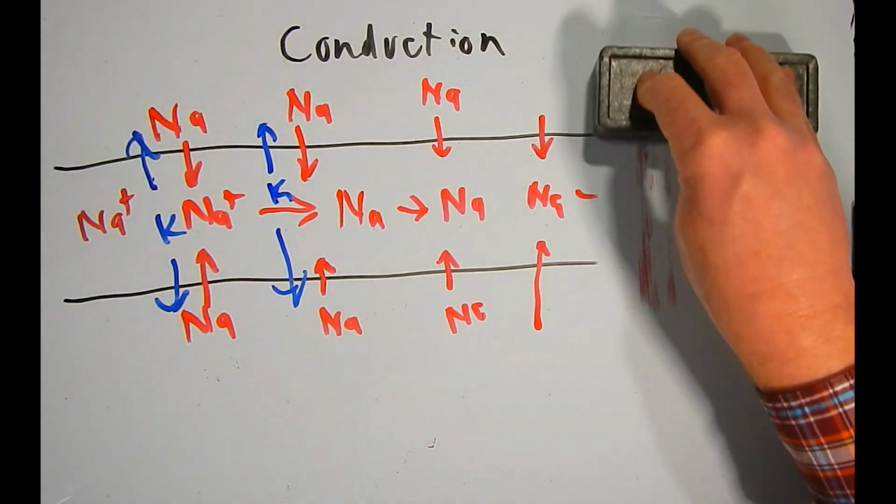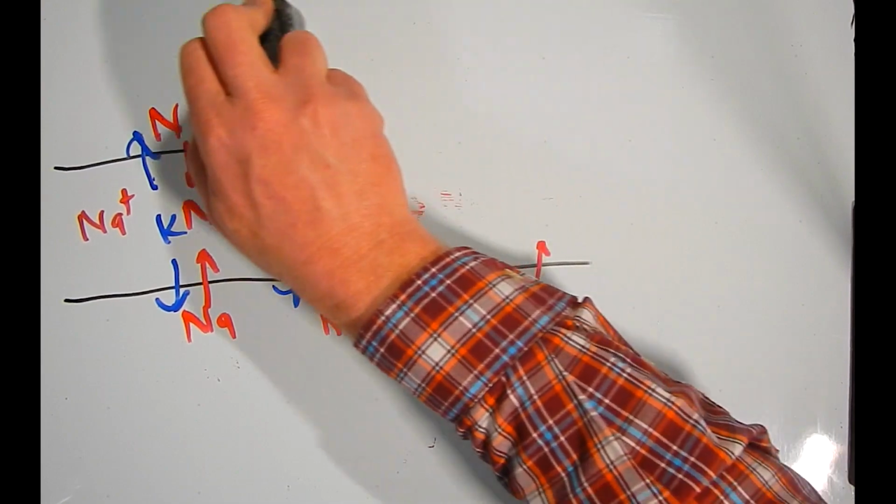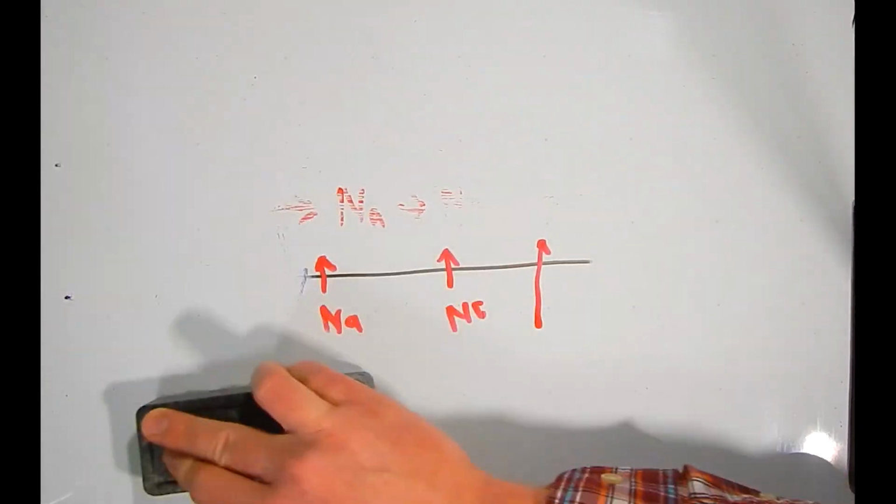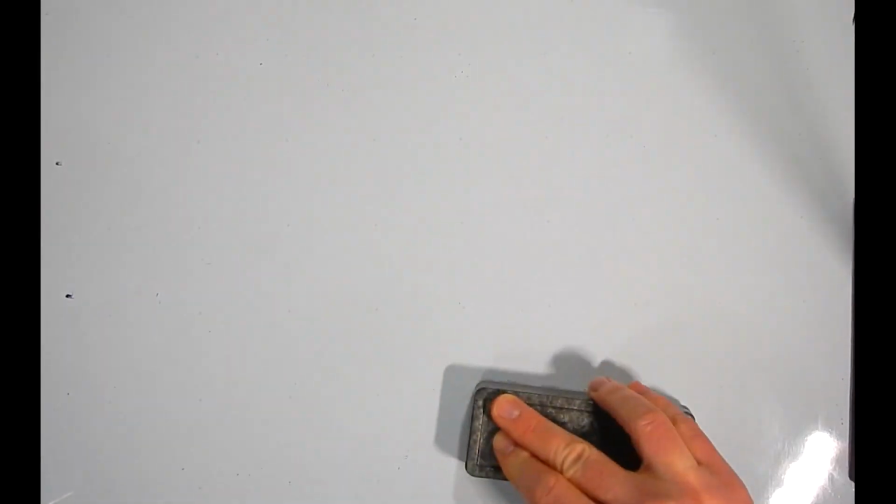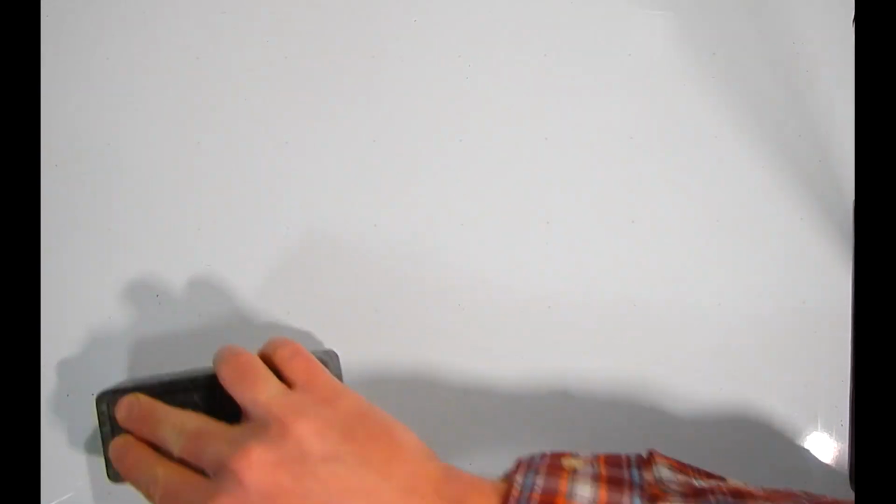This would happen in unmyelinated axons. Those with a myelinated sheath will move through the process of saltatory conduction.